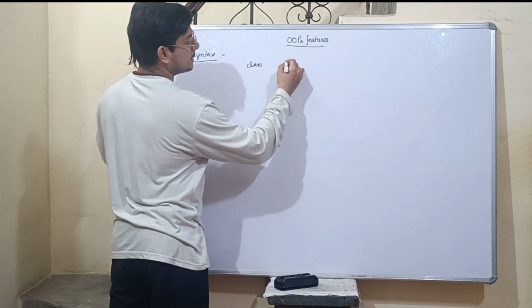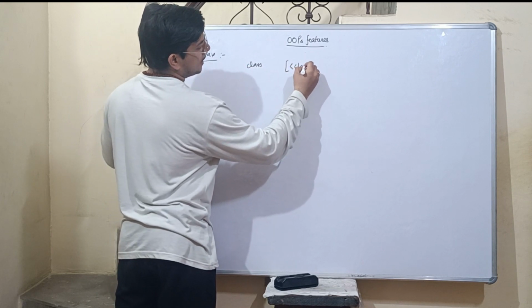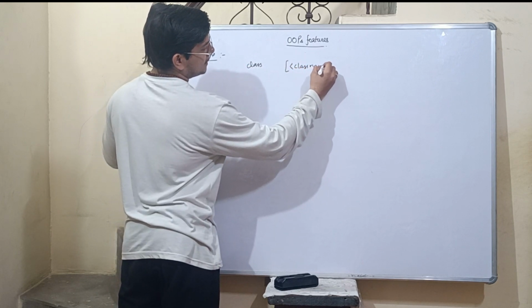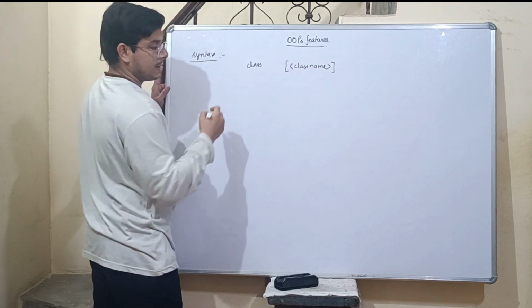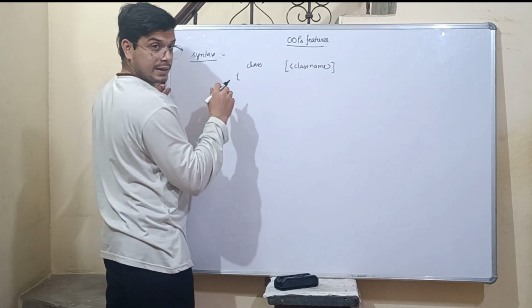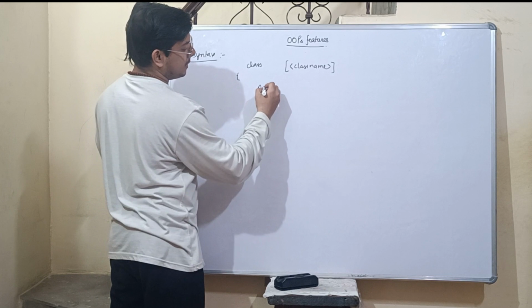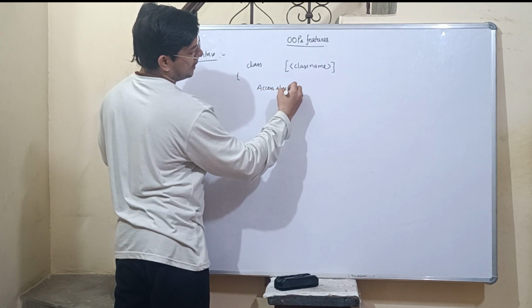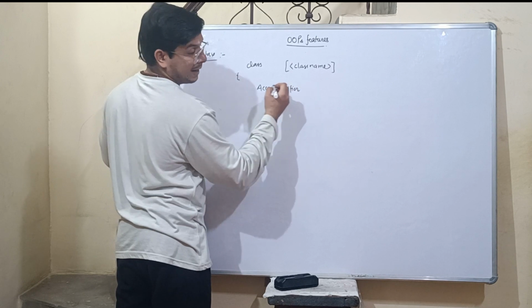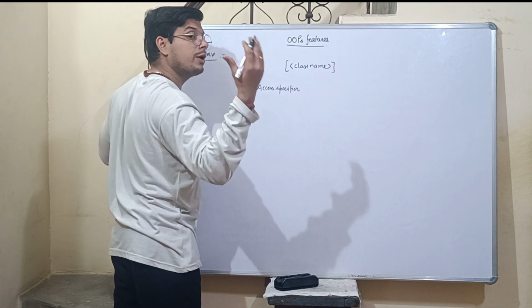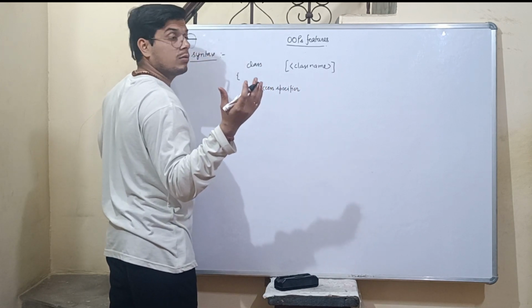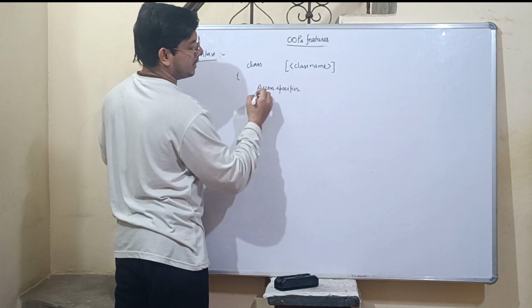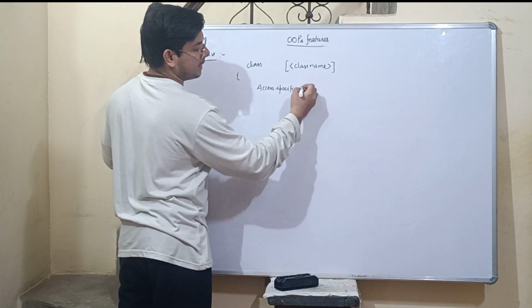That is class and class name, and inside this you need to declare the private, protected and public. That is called the access specifier. How you are going to access the private member functions, that is what the access specifier decides.